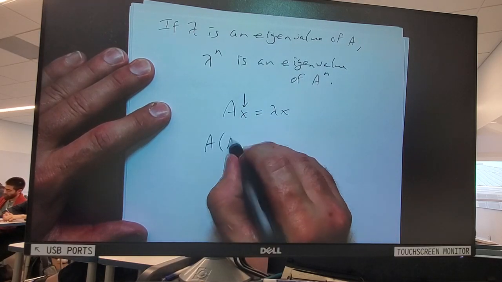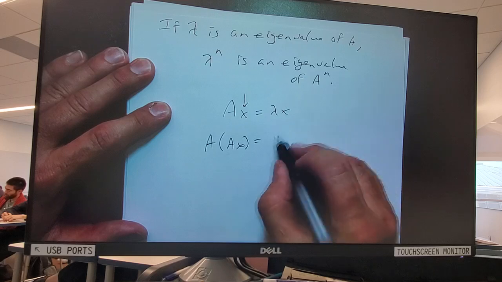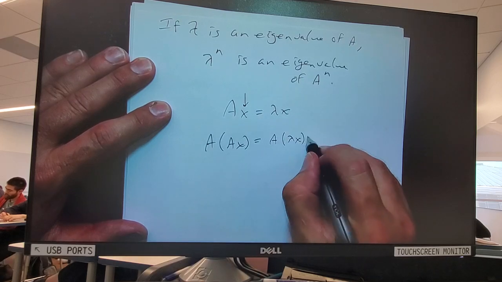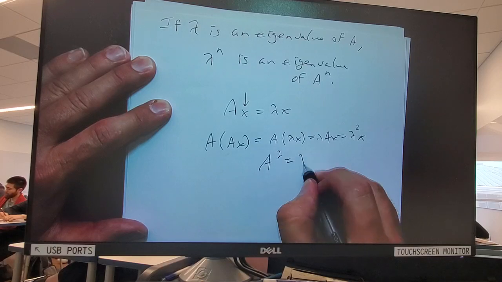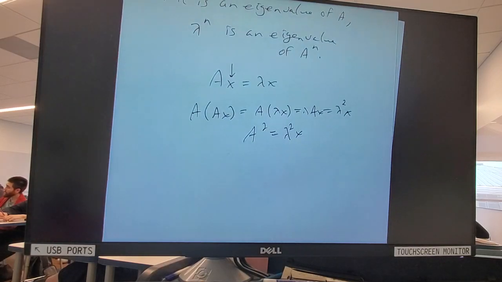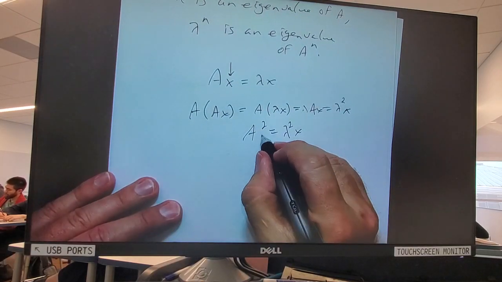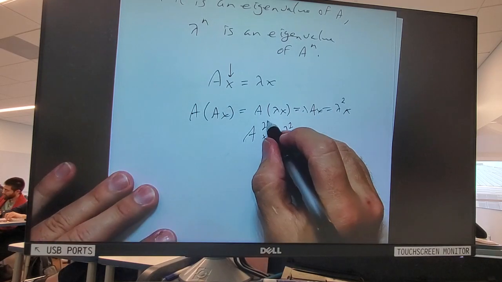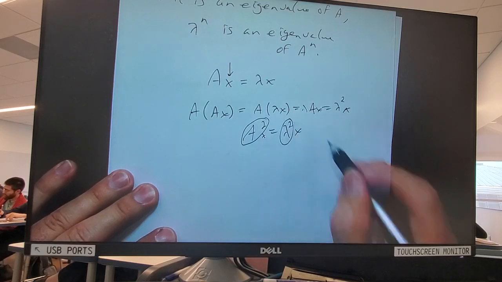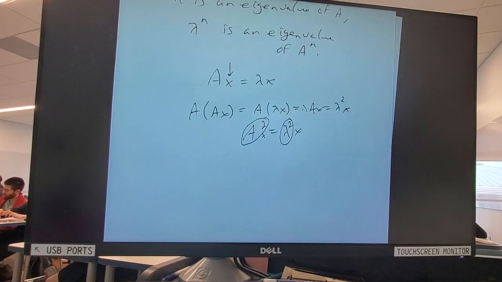And then what is A times Ax? That would be A times lambda x, which is lambda Ax, which is lambda squared x. So A squared has eigenvalue lambda squared. You just keep doing that until you go a little insane, and you realize A to the n has lambda to the n. So A to the 99th would have lambda to the 99th as its eigenvalue. Okay.